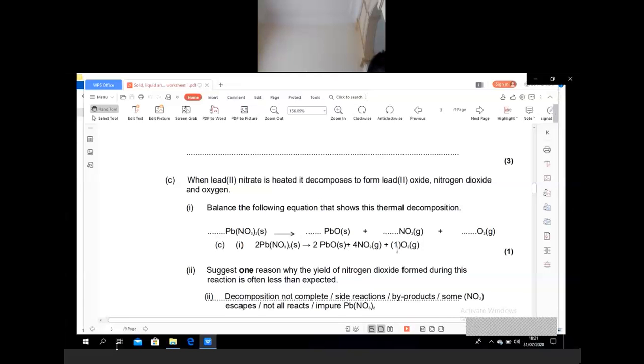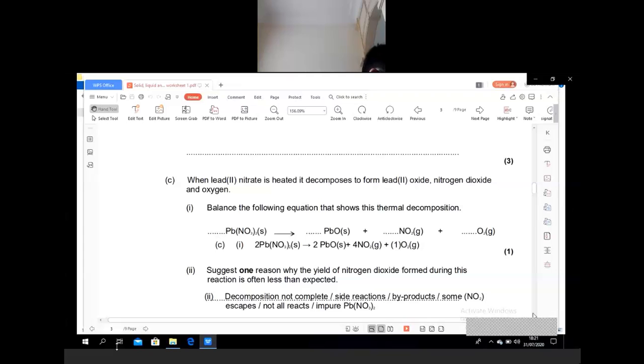Suggest one reason why the yield of nitrogen dioxide formed during this reaction is less than expected: there is an impurity in the lead nitrate, and then the decomposition process is not complete, and then some of the nitrogen dioxide gas escapes into the environment.